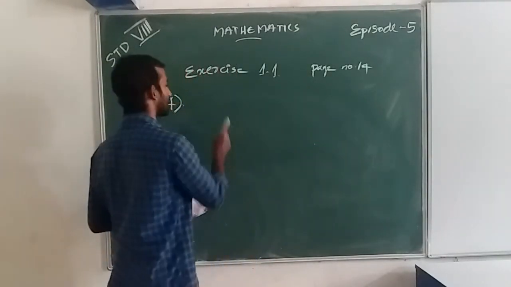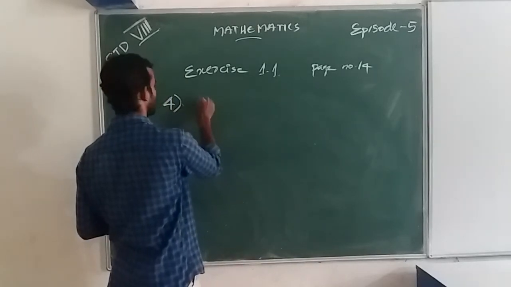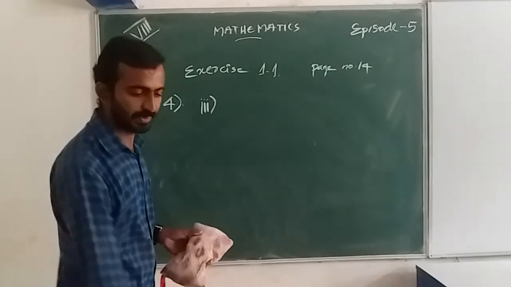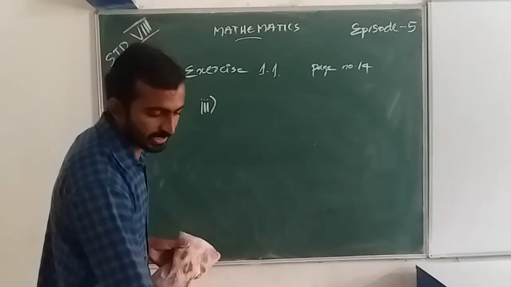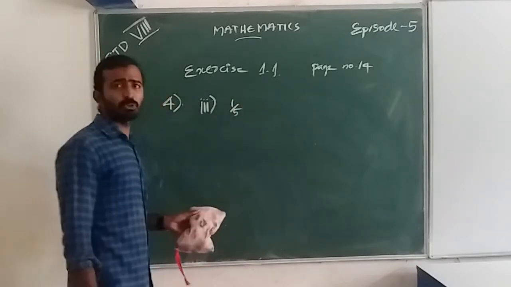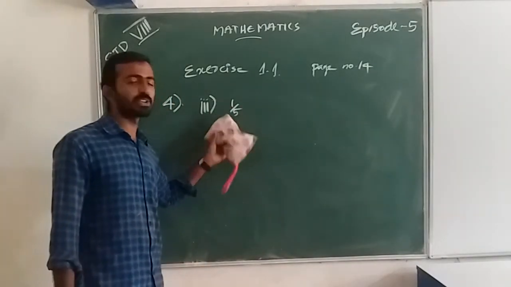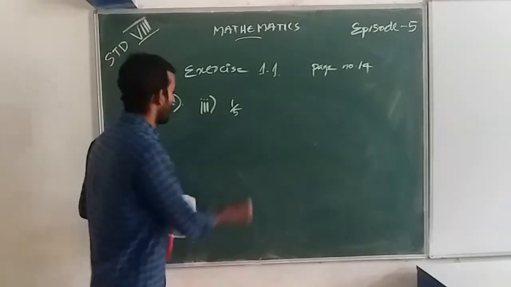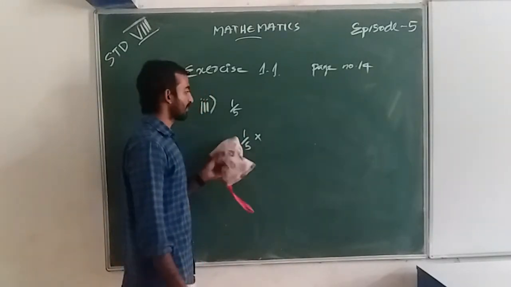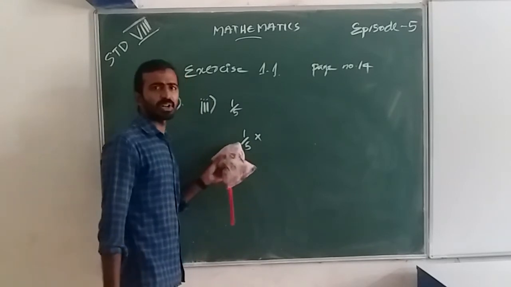The third one is 1 by 5. We want to find the multiplicative inverse of 1 by 5. So we take the reciprocal of this rational number.